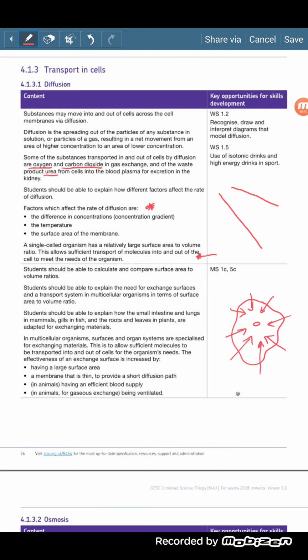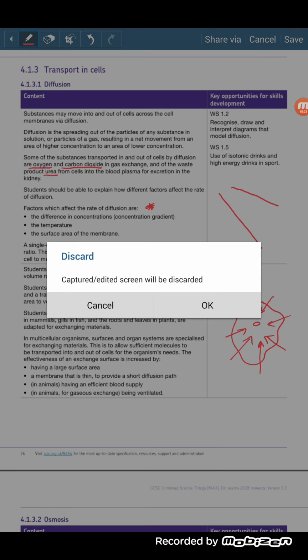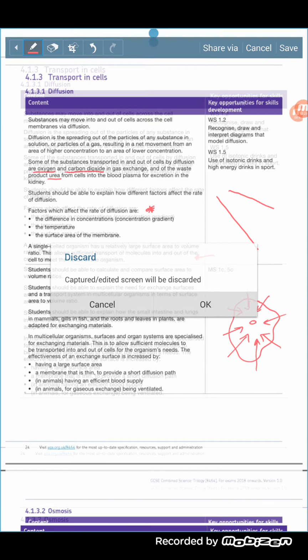But if you were to have an animal like us, we can't get things like oxygen to the cells in our body through diffusion alone, so we need a transport system. Okay, and so this talks about diffusion and those considerations.